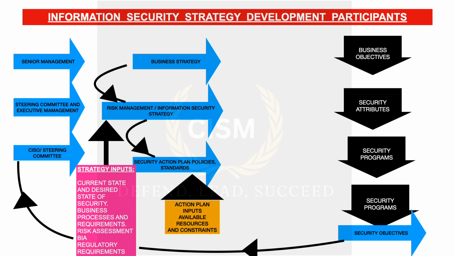Friends, it is not just about the business. This path also helps in making a plan for managing the risk and the security of information, right. Friends, this connection makes sure that information security supports the goal of the business, right. Friends, to make this plan, you need to look at the current security situation and compare it to what you want it to be, right.